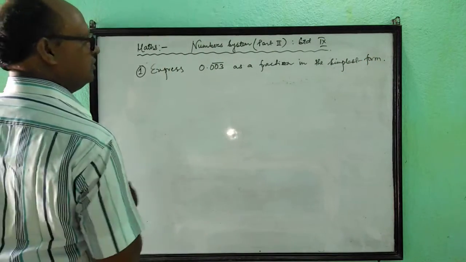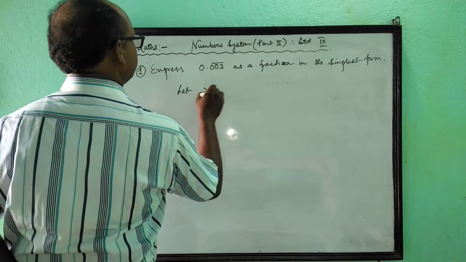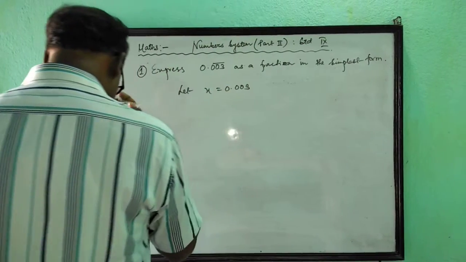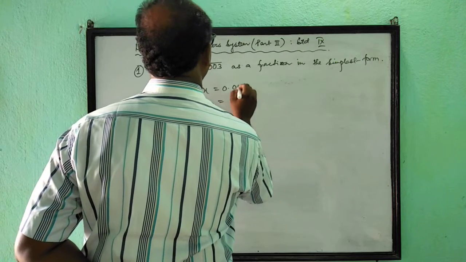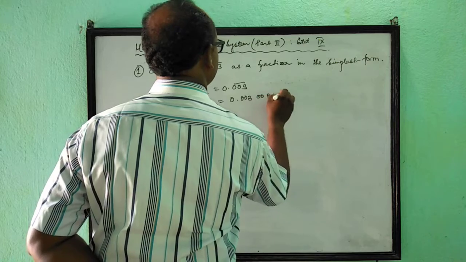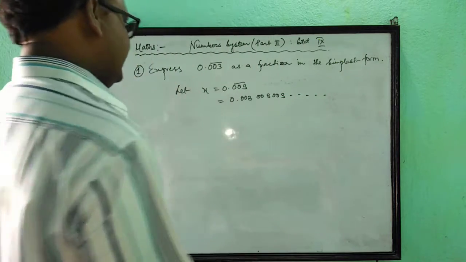At first, we consider x equals 0.003, 003, 003 and so on. Infinite numbers of 003.